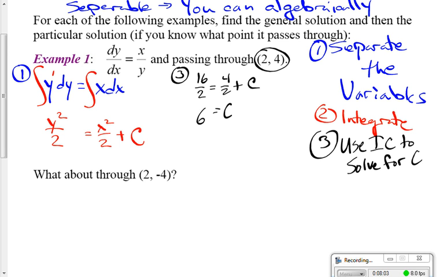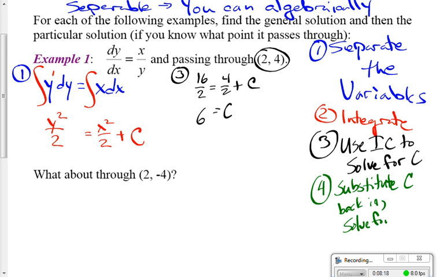Okay. Number 4, substitute C back in and solve for y.